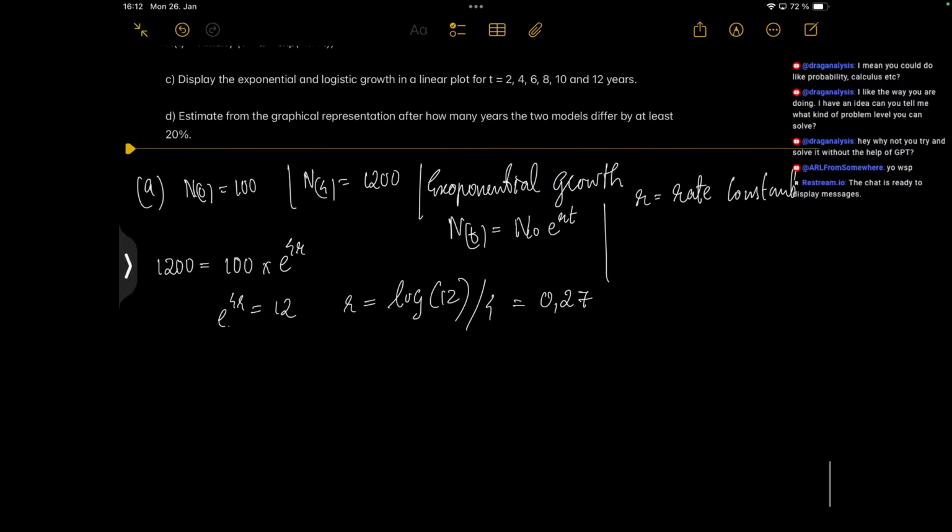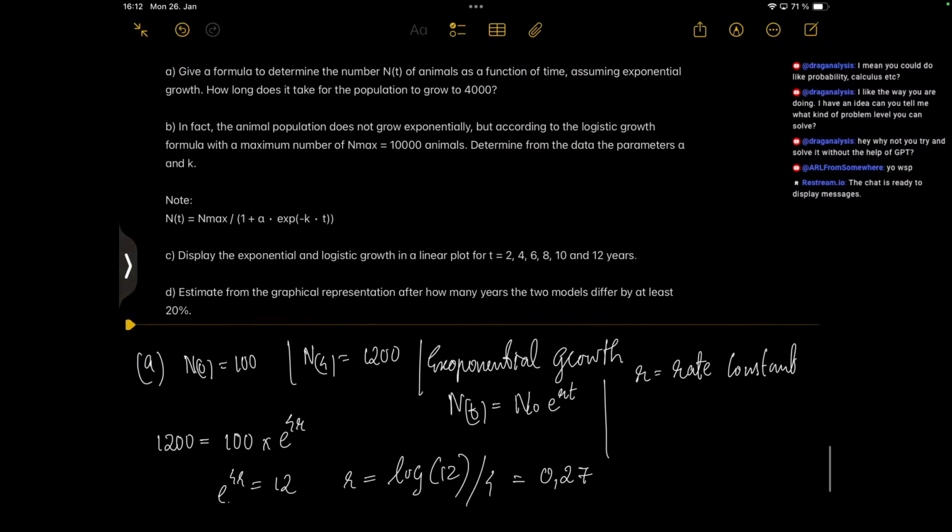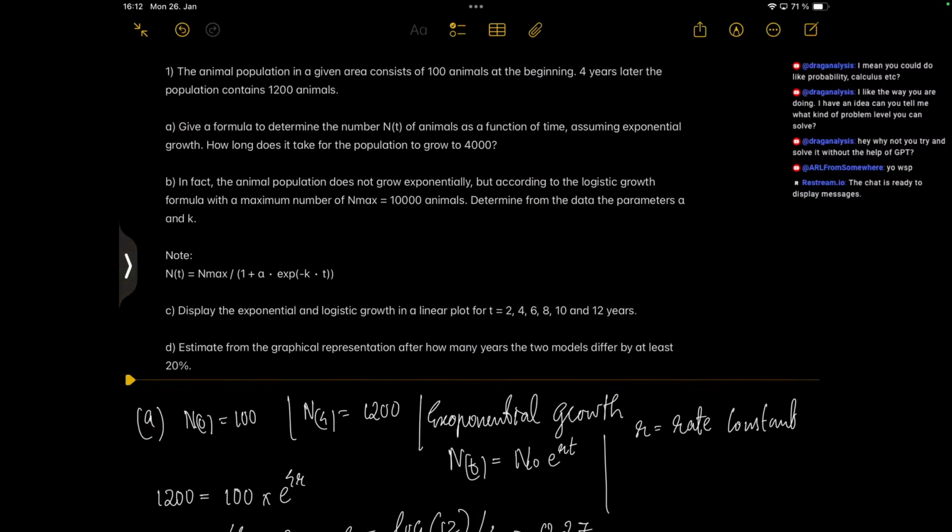Now from this, how long does it take for the population to grow to 4,000?